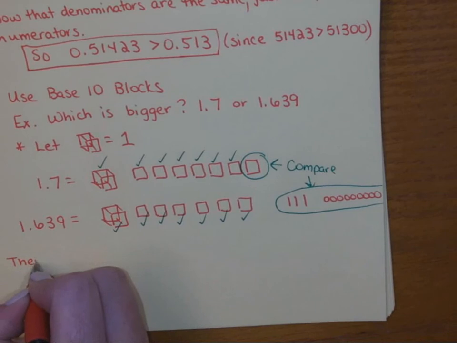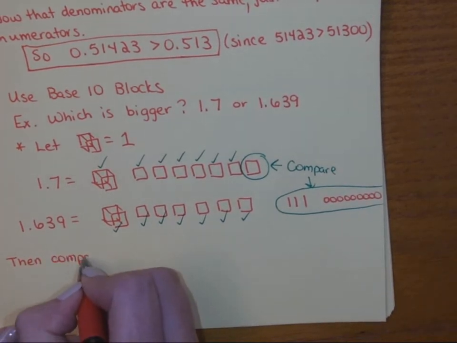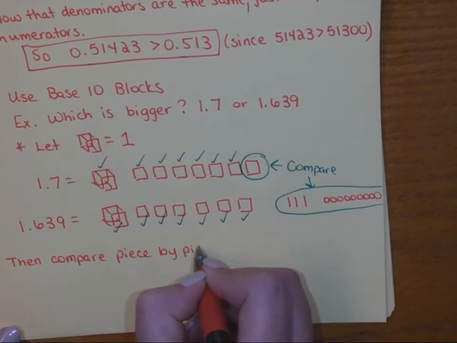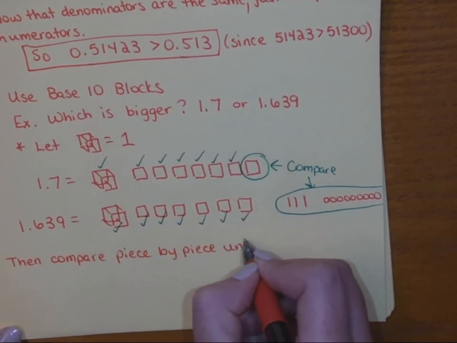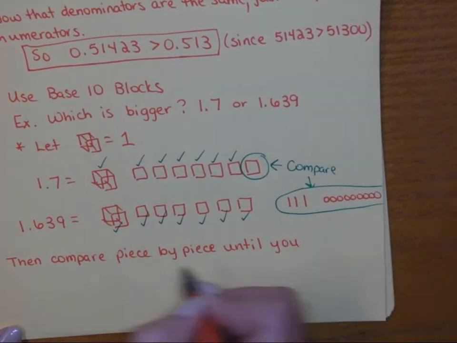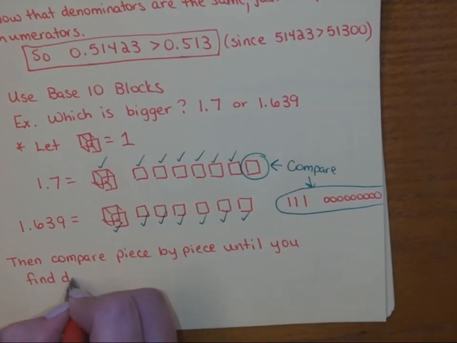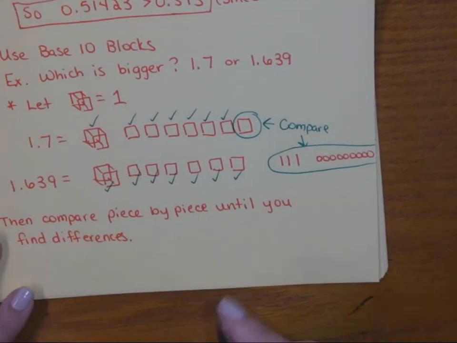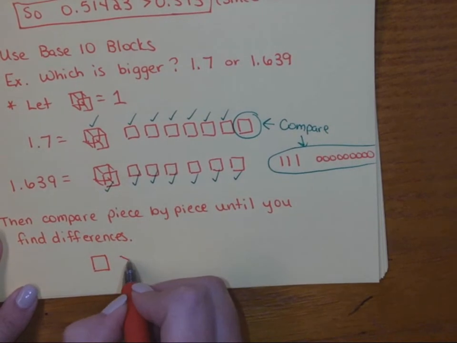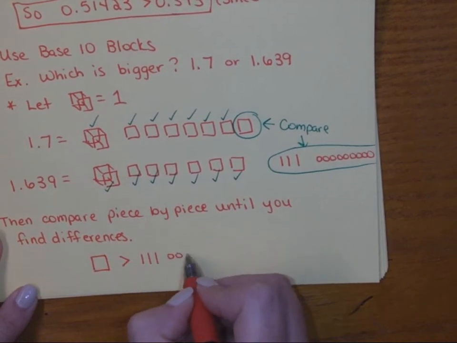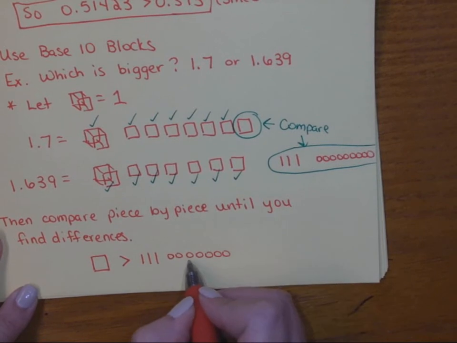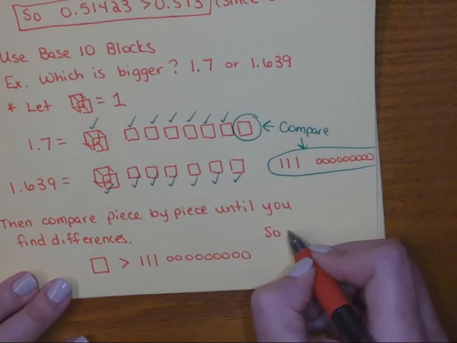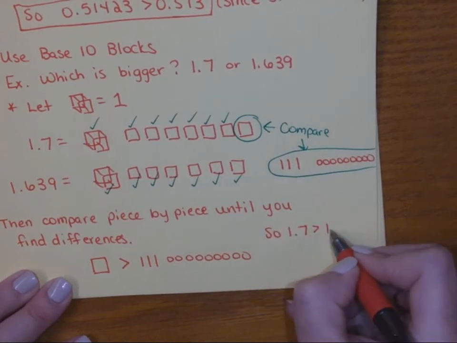So the strategy is compare piece by piece until you find differences. So if you physically looked at the blocks, notice that this is certainly bigger than this. So in the end, make sure you say the answer right. 1.7 is greater than 1.639.